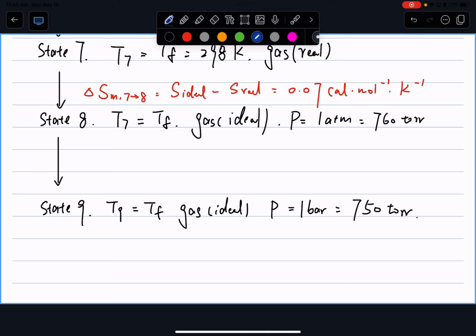This process, we're talking about ideal gases. So entropy change of ideal gases, that's something we covered again in our previous lectures. So refresh your memory on that. Delta S molar of 8 to 9 equals the integral of R over V dV.